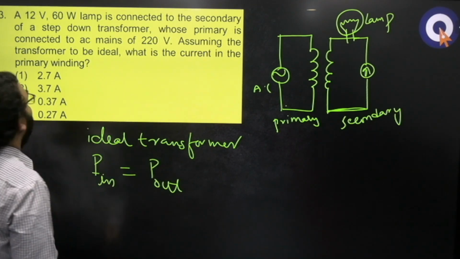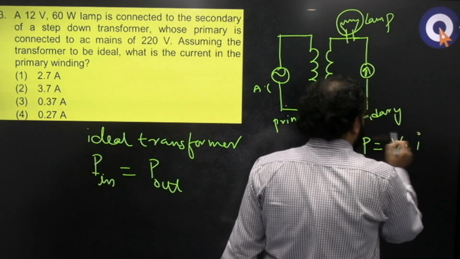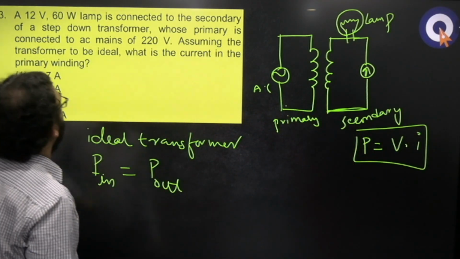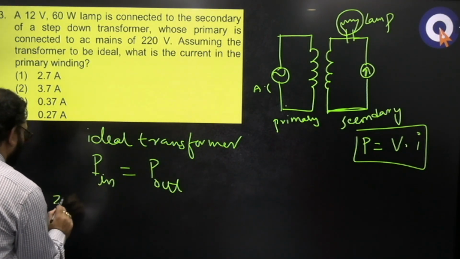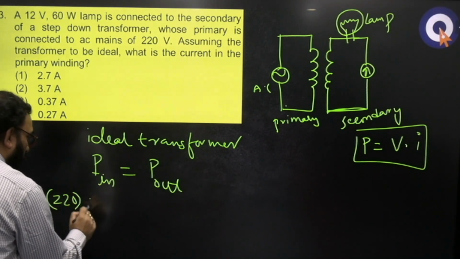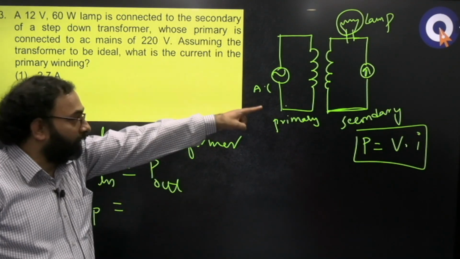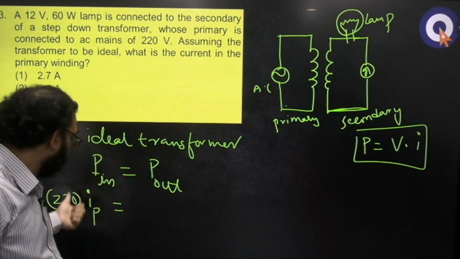So input power is a product of voltage into current. Therefore, let us take the input power: 220 volts is the voltage into primary current. Input means primary, output is secondary. So input voltage into input current is power, P is equal to VI.